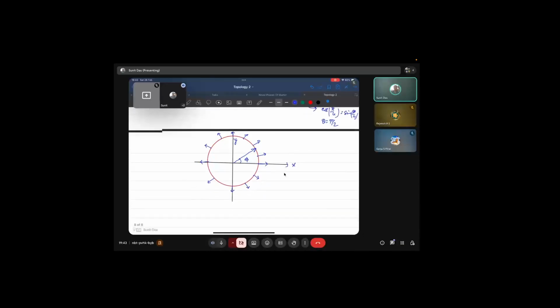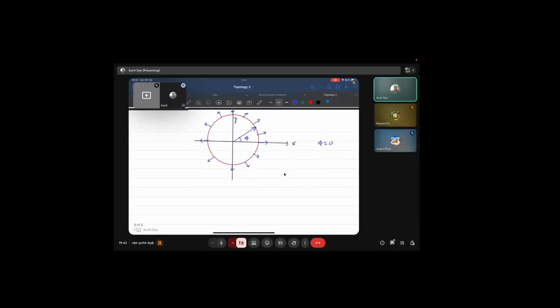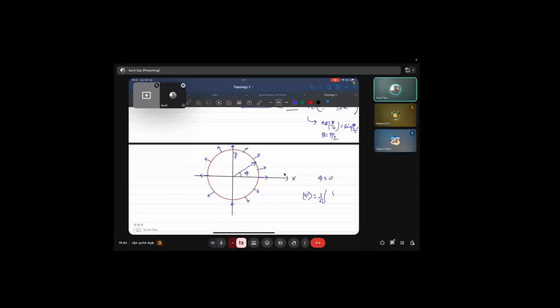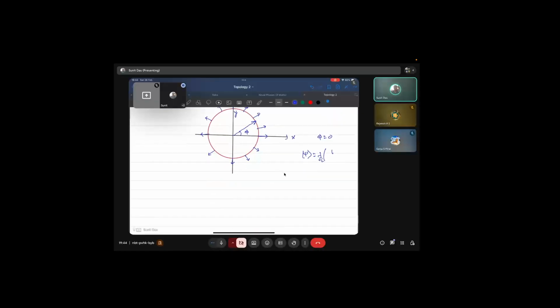Now take the scenario where phi is 0. So what happens? So psi is then going to be 1 by root 2, 1, and e to the power plus i phi is there. So when phi is 0, then e to the power 0 means 1, right?